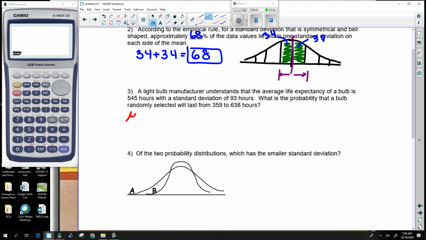Life expectancy of a bulb is 545, and standard deviation is 93. Let me make the numbers harder now.